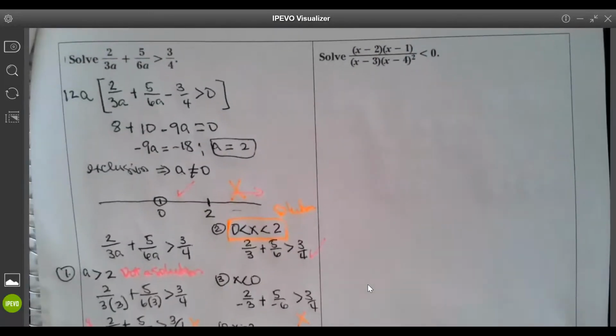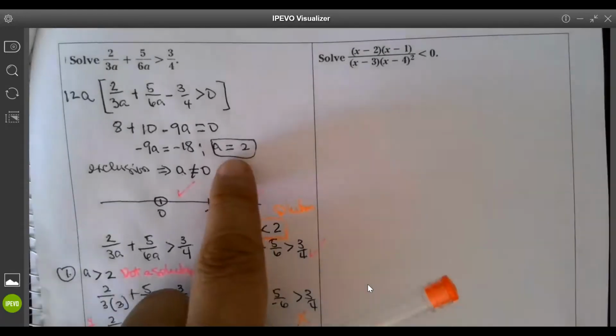Because if 2/3x plus 5/6x were greater than or equal to 3/4, we would know that 2 was included. But since it's only greater than and not equal to, we know that 2 isn't included. Yes, okay, there you go.